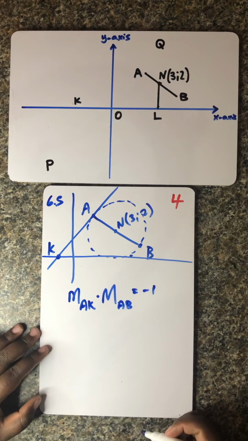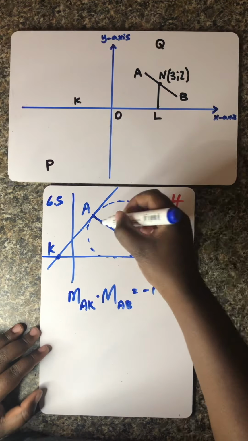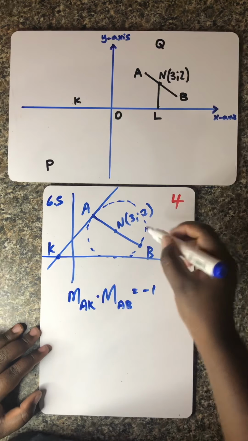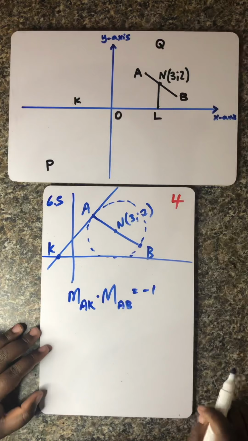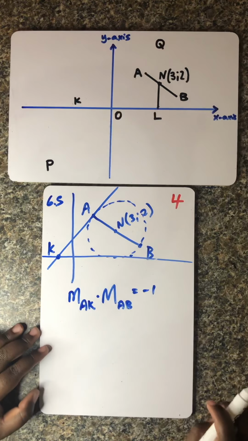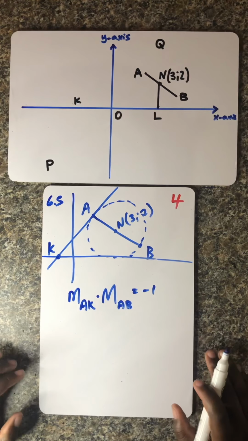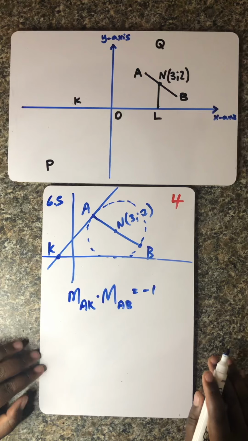The reason why I'm doing this, ladies and gentlemen, is because if I can find the gradient of that line, then I'm going to use that point to determine the equation of that line AB, which is the diameter of that circle. So at least you've got an idea of what my intentions are. As I move on, you'll understand easily.